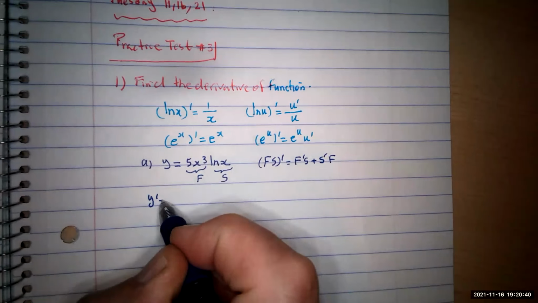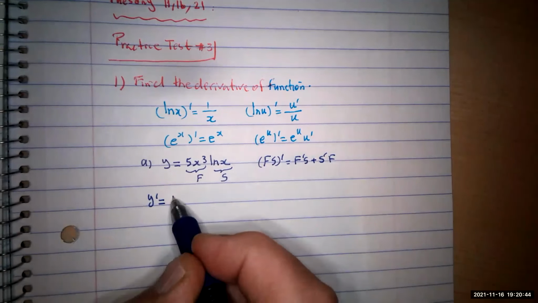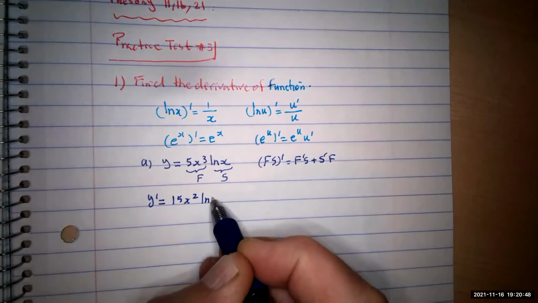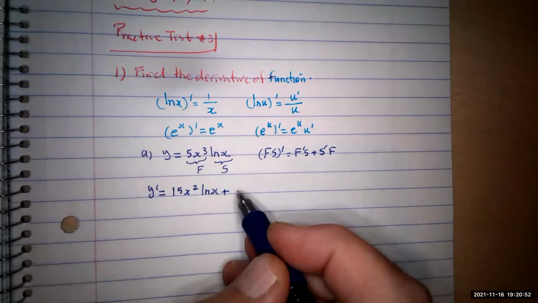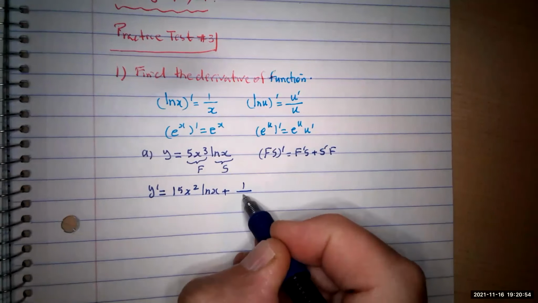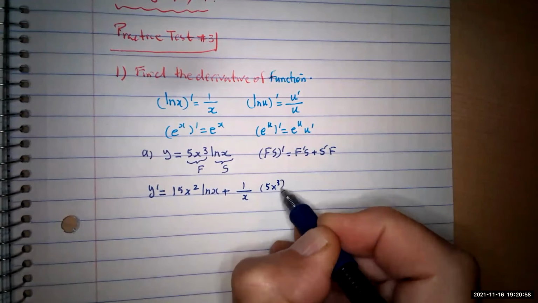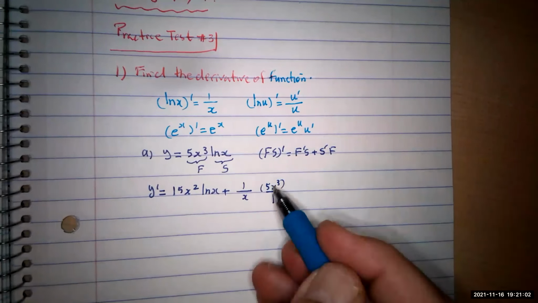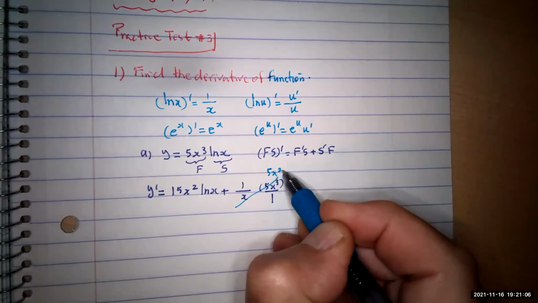y prime: derivative of the first one, just a power rule, 3 times 5, 15, 15x squared times the second, plus derivative of the second times the first. Derivative of ln x, 1 over x, times the first one, 5x to the third. You have to simplify it. You can simplify these two, 1 x out, that gives you 5x squared.